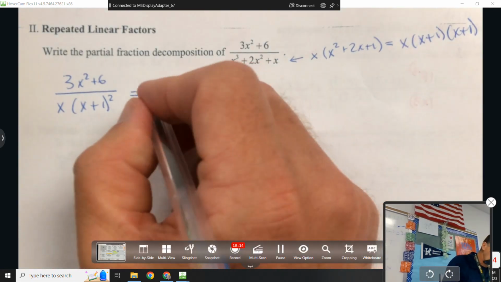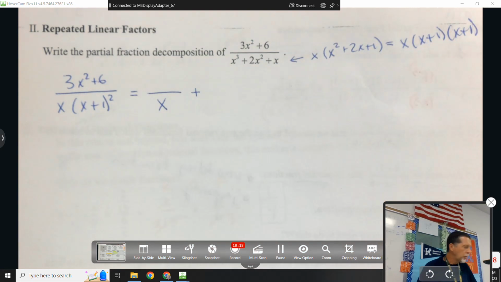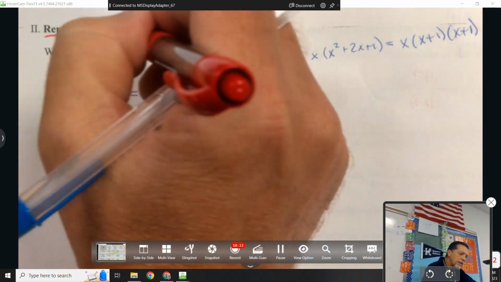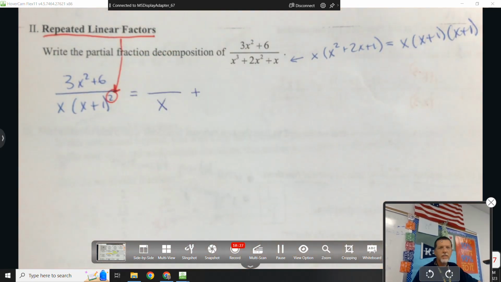So one of the pieces would definitely be over x. But that squared term, a repeated linear factor, right? The x plus 1 is a double factor, a double root.